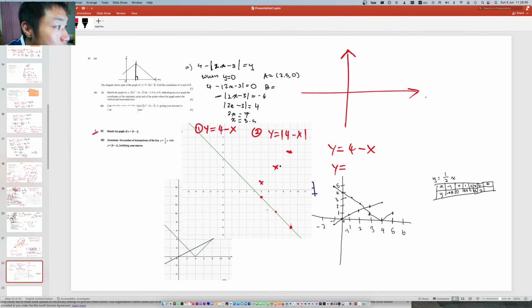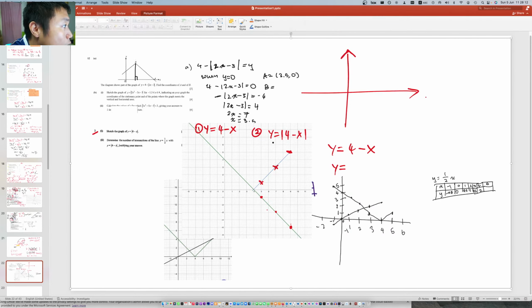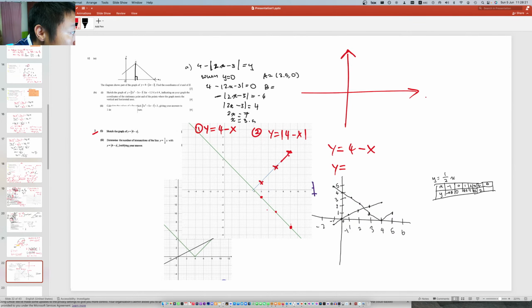So you just connect the dots, just like when you were a kid. Then you erase the bottom, yes, you need to erase. So you just need to show the red one.